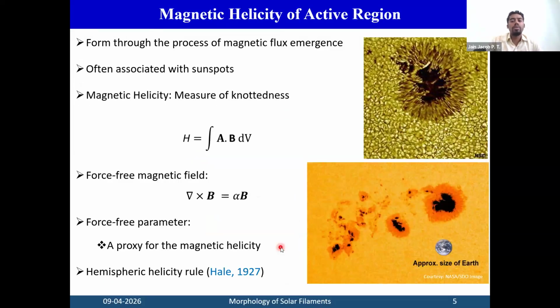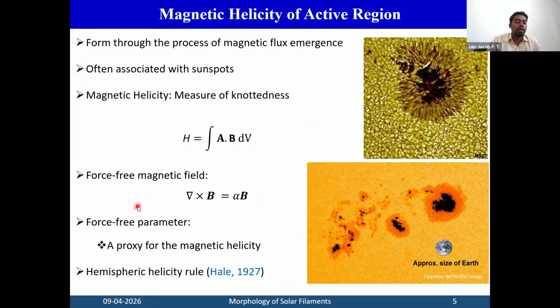The magnetic helicity of active regions. Active regions form through the process of magnetic flux emergence, and they are mostly associated with sunspots. The magnetic helicity is a measure of twistedness, and it is given by the expression integral A dot B dV, where A is the magnetic vector potential and B is the magnetic field.